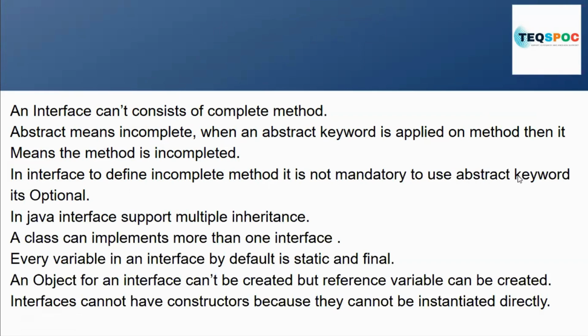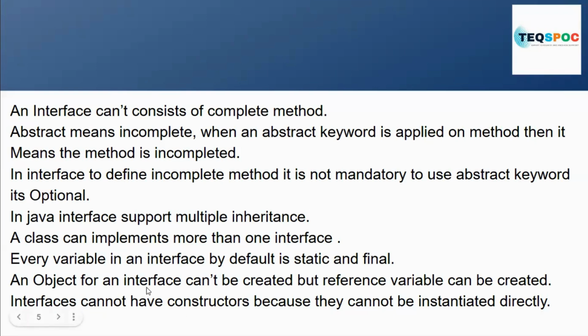It is not mandatory to use the abstract keyword; it is optional. In Java, interfaces support multiple inheritance. A class can implement more than one interface. Every variable in an interface is by default static and final. This is one point you have to remember.